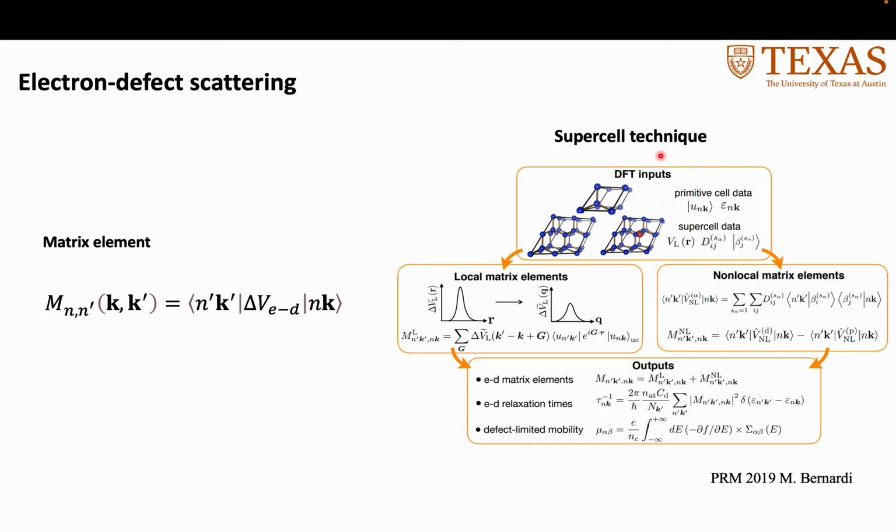This technique allows us to use the primitive cell's wave function and band structure, together with the supercell's perturbation potential as the DFT input files to calculate the matrix element. Then, using the matrix element, we can calculate the relaxation times or the defect-limited mobility.